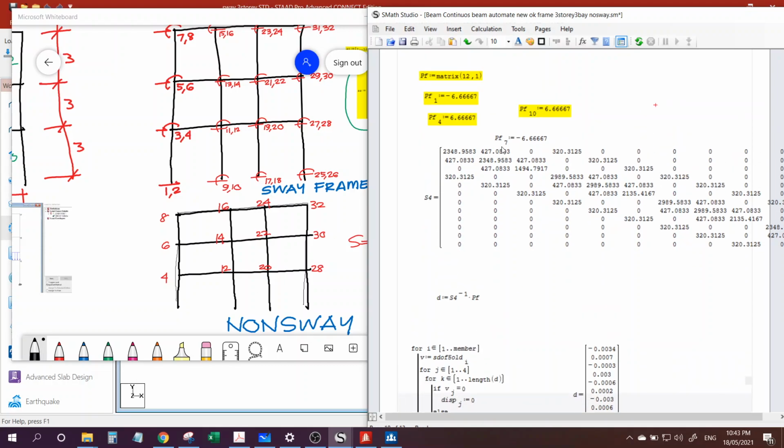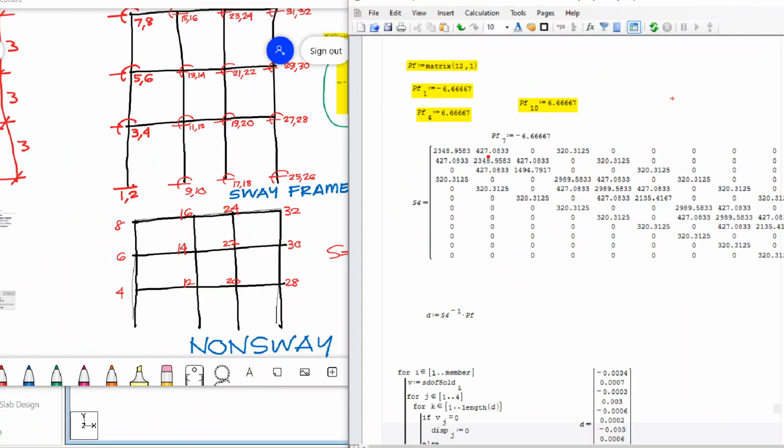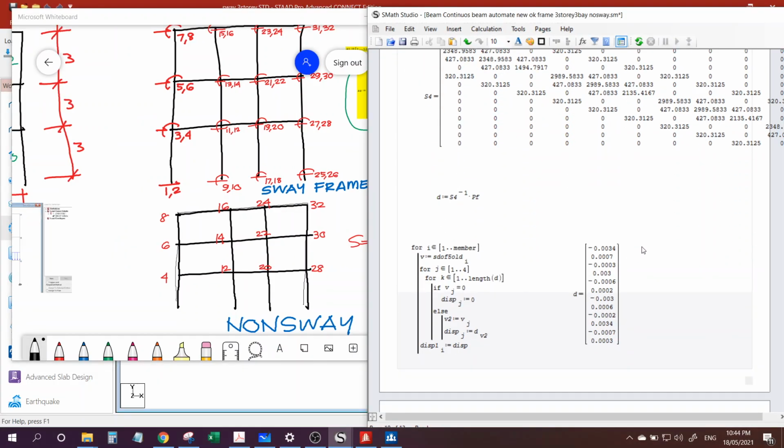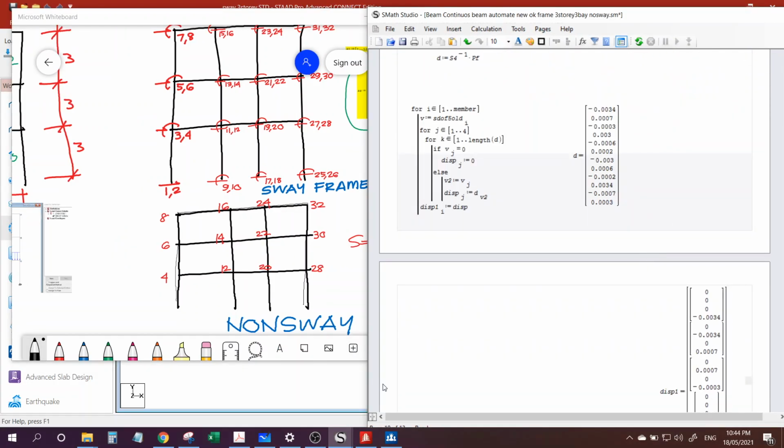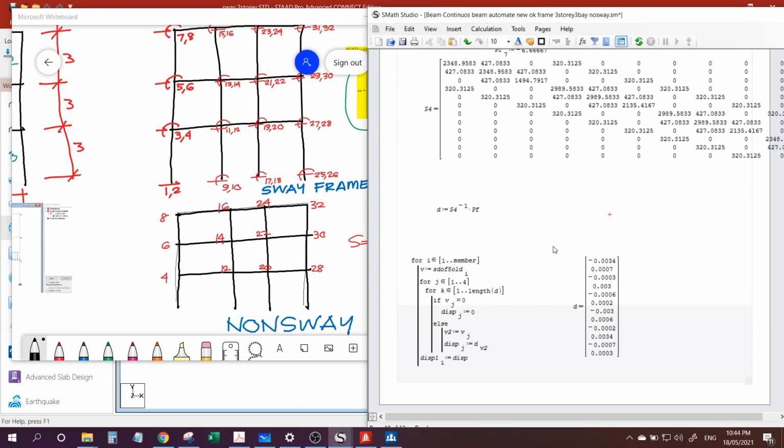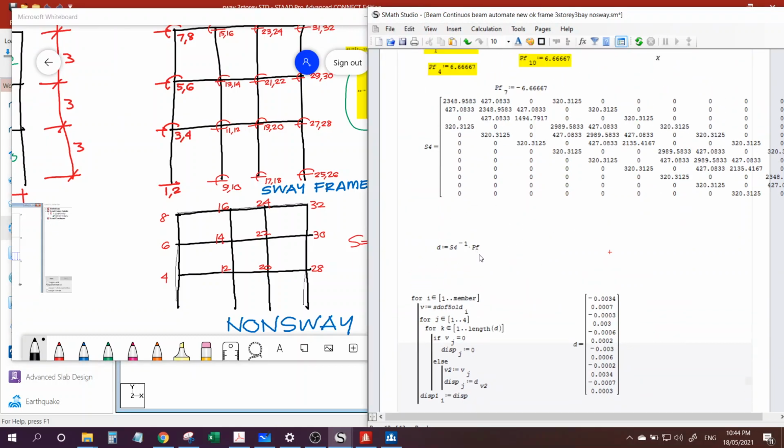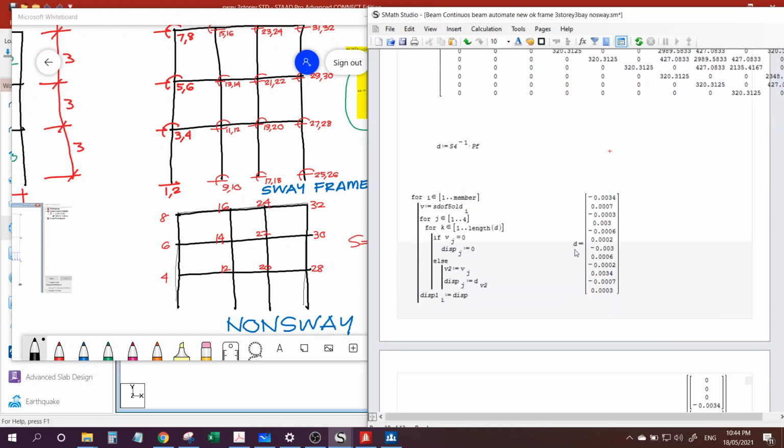And remember, how do you get these values? Since our load is a uniform load, the formula is WL squared over 12, the fixed end force. Okay, so once P vector and S matrix are known, we can now generate the displacements.